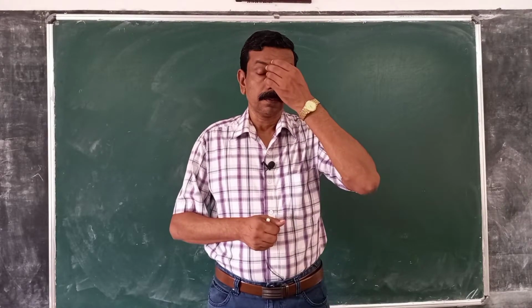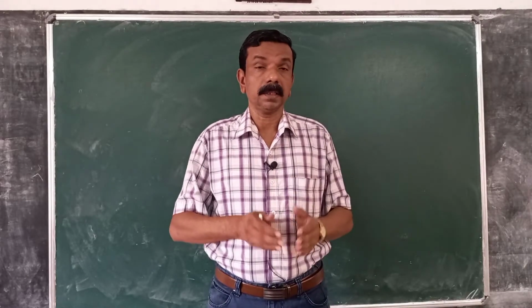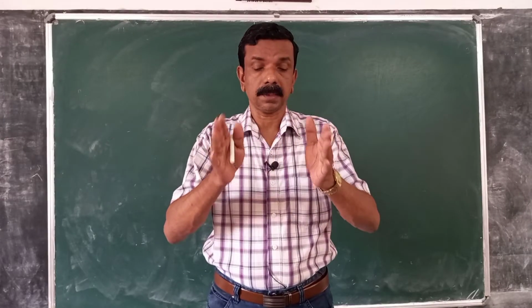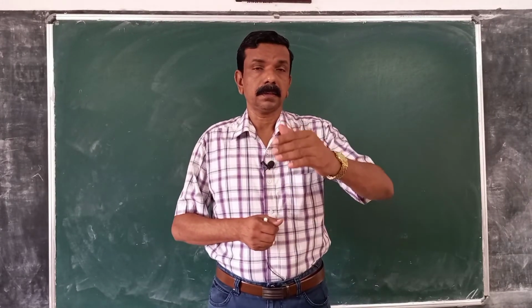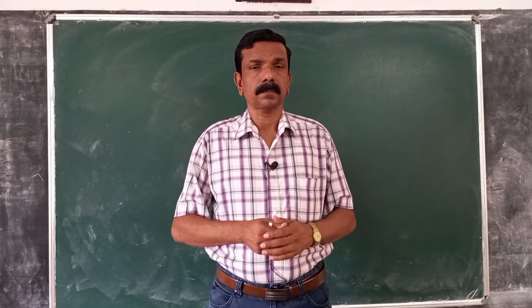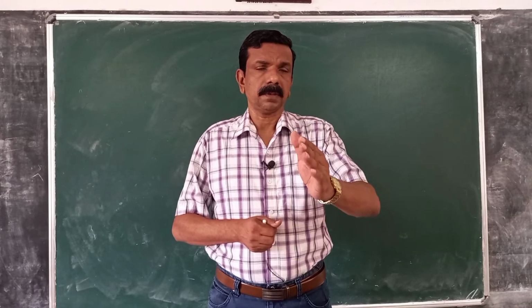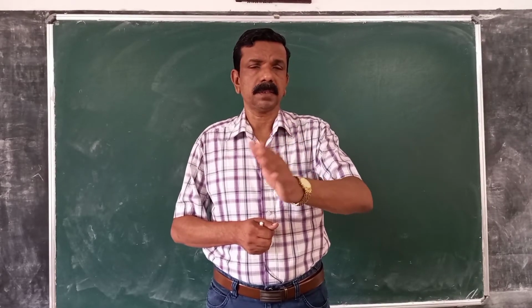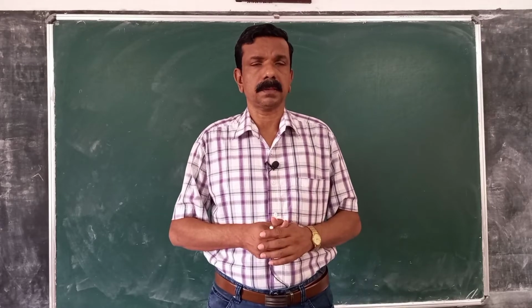Now, we discuss Keynesian theory of income determination in a three-sector model consisting of households, business firms, and government.